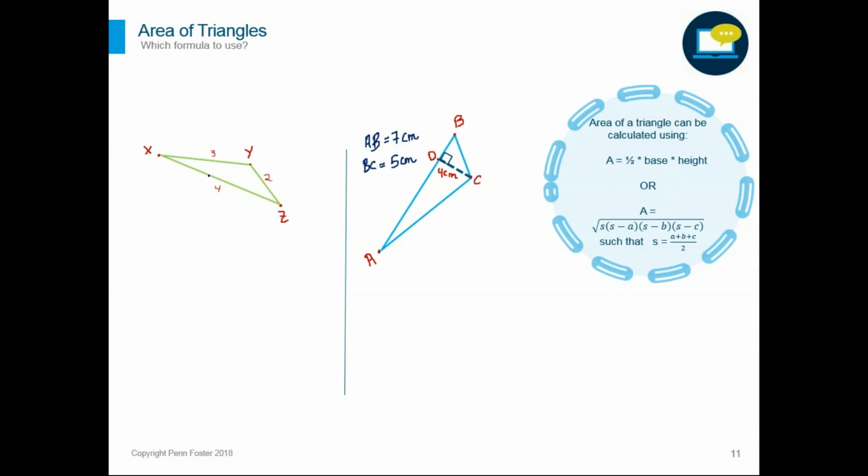So in the green triangle on the left, you are given the side lengths 3, 2, and 4 units. So that would make us not choose the first formula because I do not have the height. None of those sides are the height of the triangle. So I am forced to go ahead and use the one with the square root.